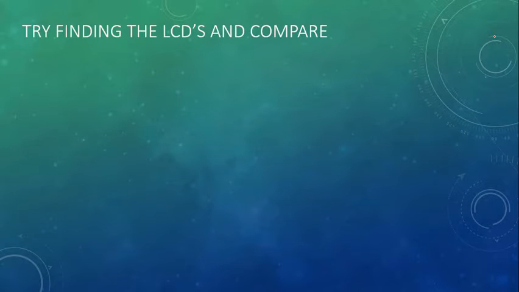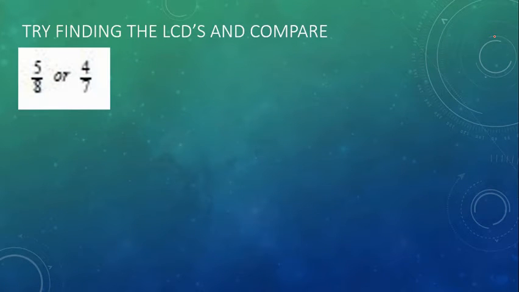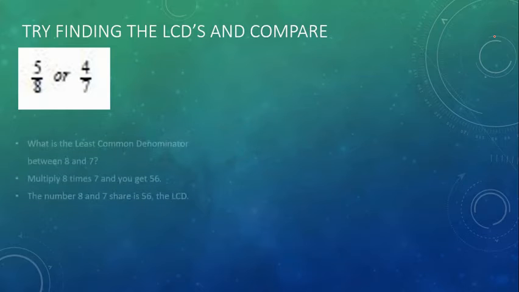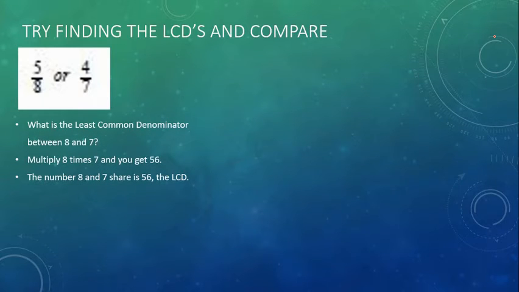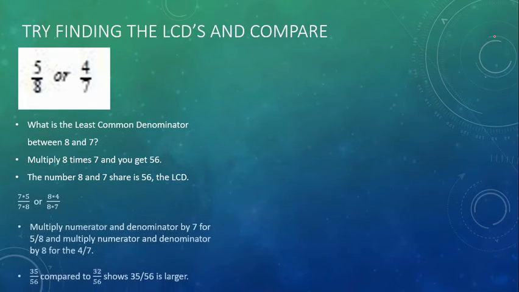Try finding the LCDs and compare 5/8 or 4/7. So what is the least common denominator between 8 and 7? Well, if we multiply 8 times 7, we get 56. So sometimes if you just take your denominators and multiply them together, you will find the LCD of 56.